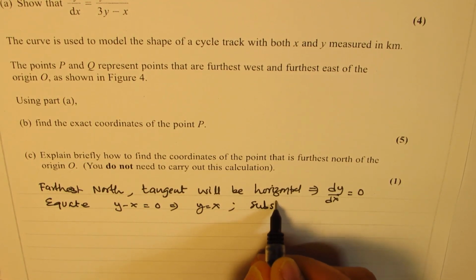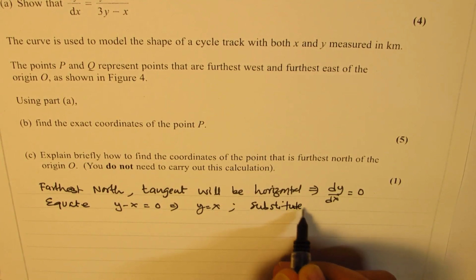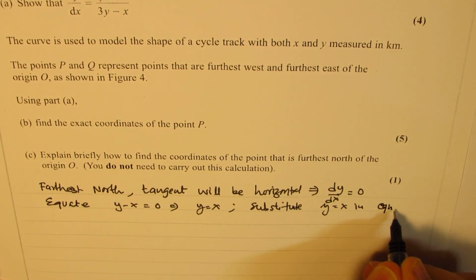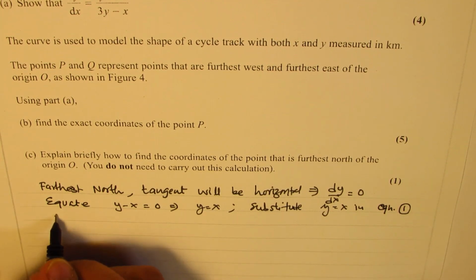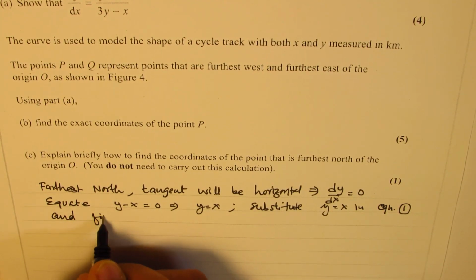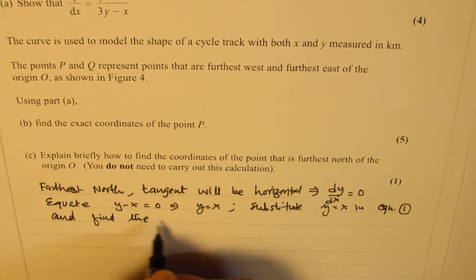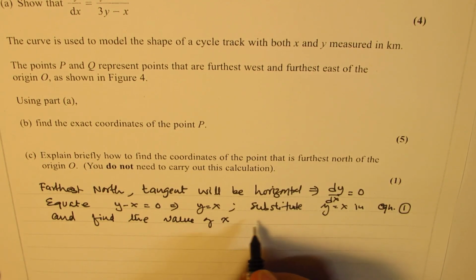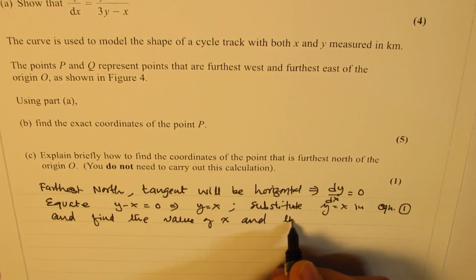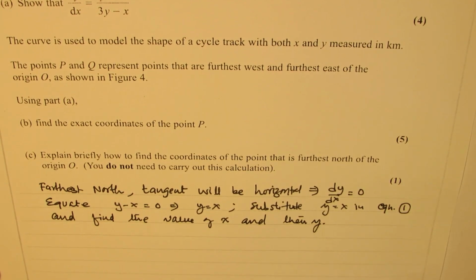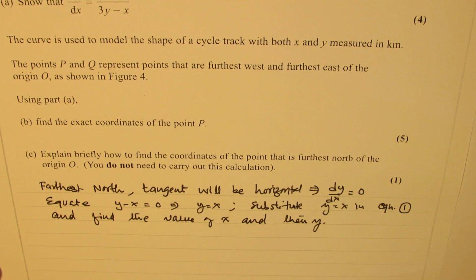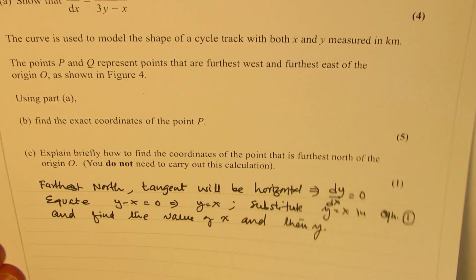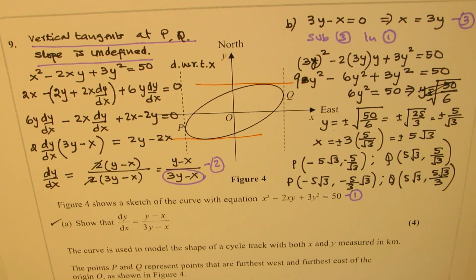Then you substitute y equals x in equation 1 and find the value of x and then y. Clear? So that is how you're going to do it. So that is the explanation, right? You don't really have to find it. So I hope the steps are absolutely clear.